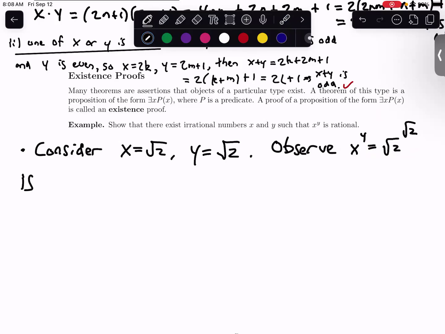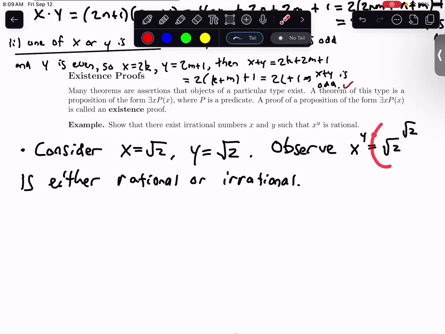We can say it is either rational or it's irrational. And so the main point is, if we know that this is a rational number, then we're done, right?